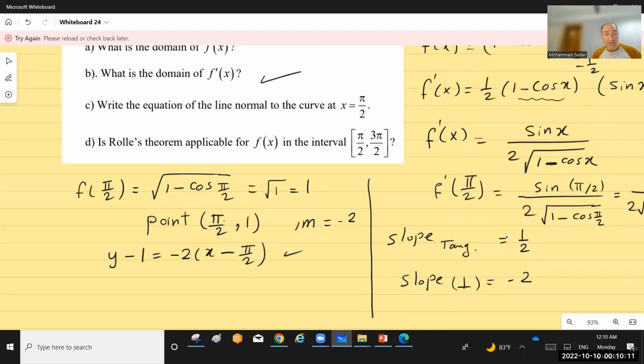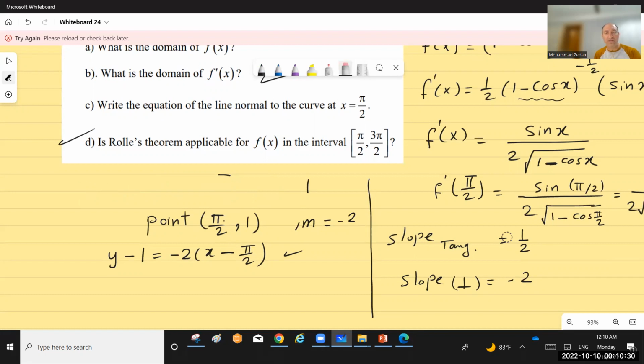Here, is Rolle's theorem applicable for f of x in the interval pi over 2 and 3 pi over 2? I think yes, Rolle's theorem is applicable here because this function is continuous on the closed interval pi over 2 and 3 pi over 2, and differentiable on the open interval pi over 2 and 3 pi over 2.